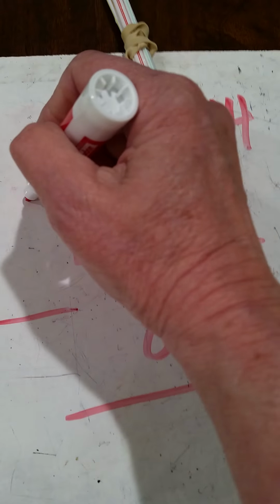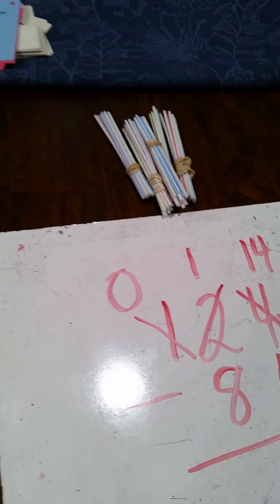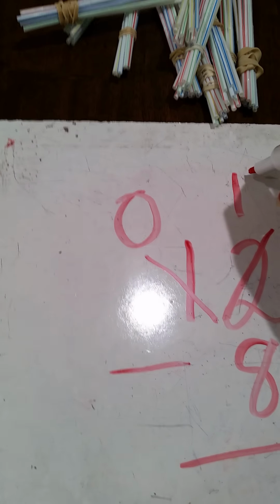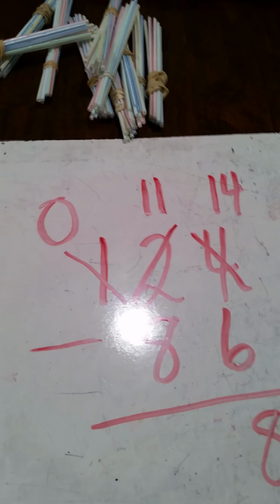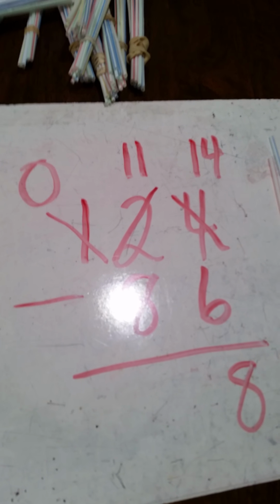So I'm going to borrow those. That gives me 0 hundreds. But that gives me 10 more tens than I had before. So now I have 11 tens. See how I did that?